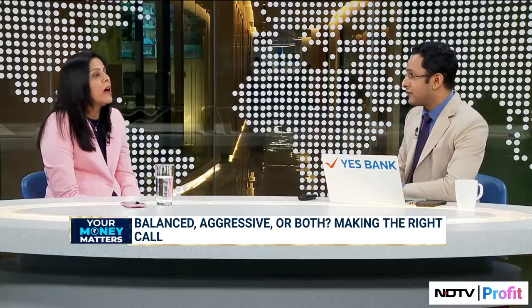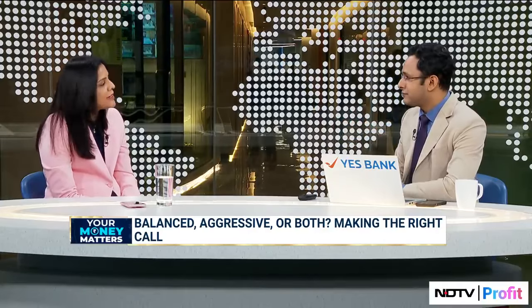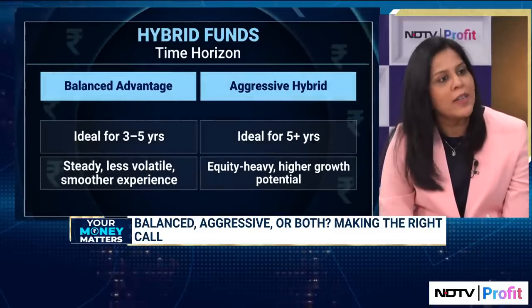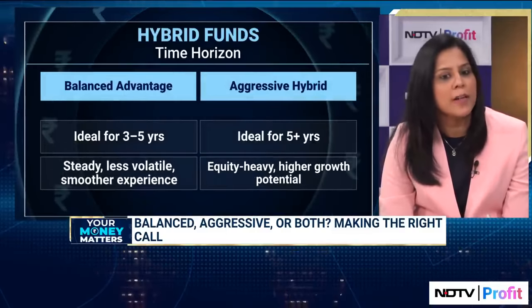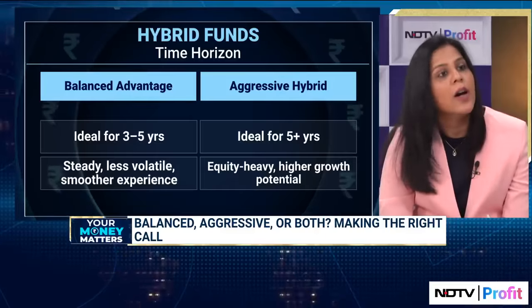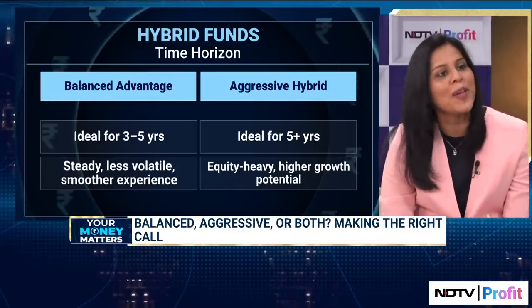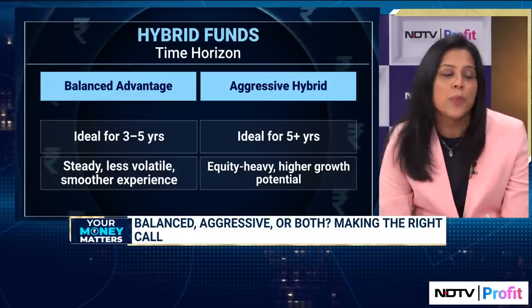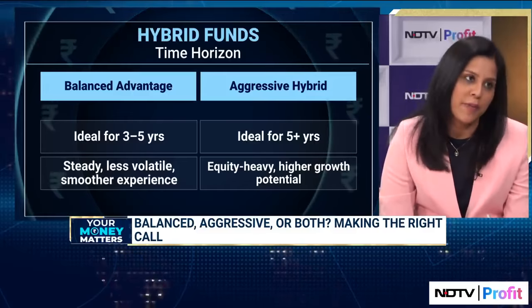Both of these. Right. So it is important to understand, Alex, that ultimately it has equity as a part of the portfolio. And in my opinion and experience, I would suggest a balanced advantage fund is good for a 3 to 5 year kind of a view. However, if you're looking at an aggressive hybrid fund, I would suggest a time horizon of 5 years.